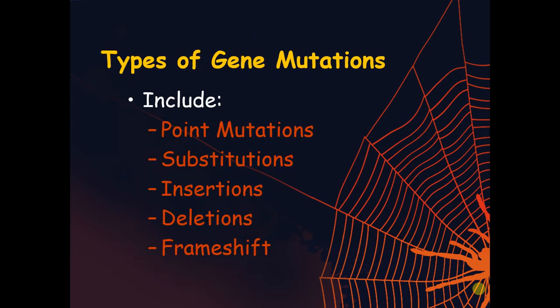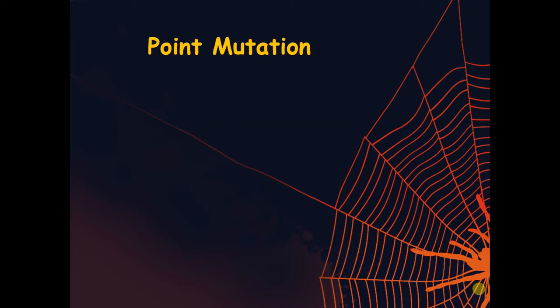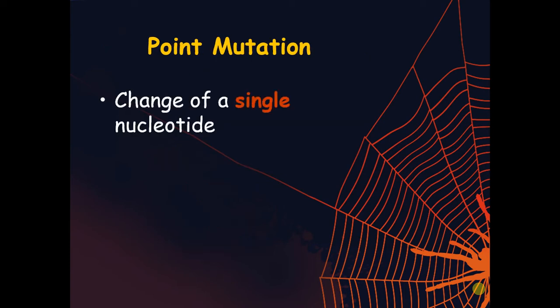So here are the different types of gene mutations that we're going to talk about: point mutations, substitutions, insertions, deletions, and then frame shifts. So a point mutation is the change of a single nucleotide. So one base pair is different from what it should have been.